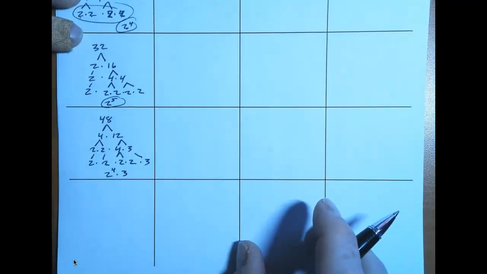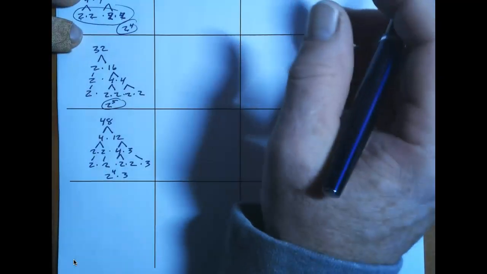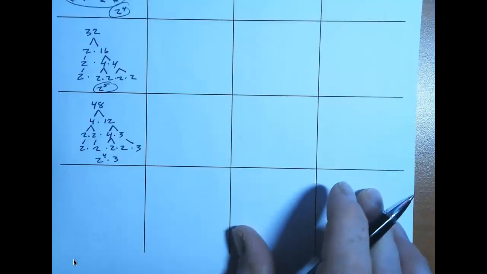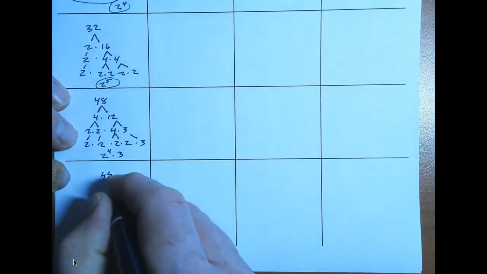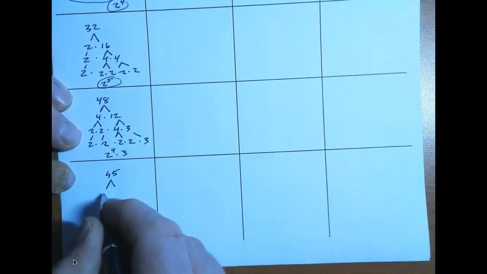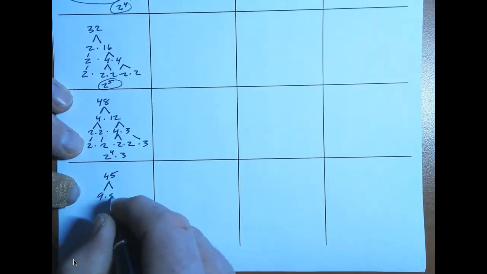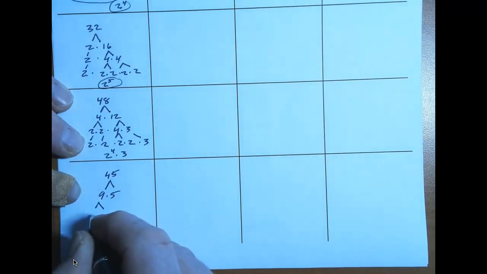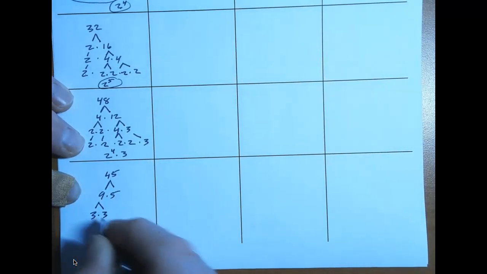So let's do one that doesn't involve 2. How about we do 45 up here. That'll be our 4th problem. So 45, and I can break that down into 9 times 5. 9 is not prime, so I can break that down into 3 times 3.